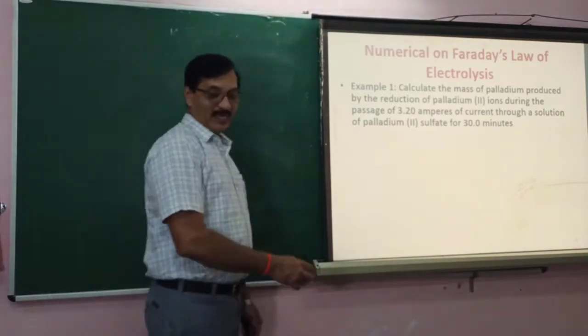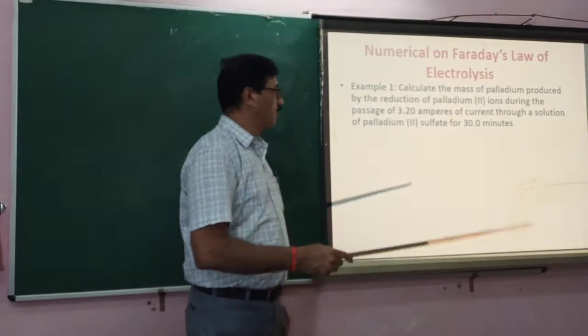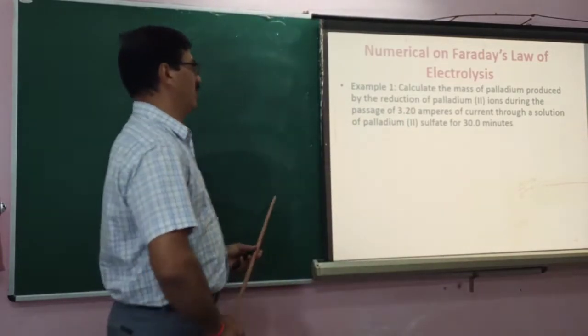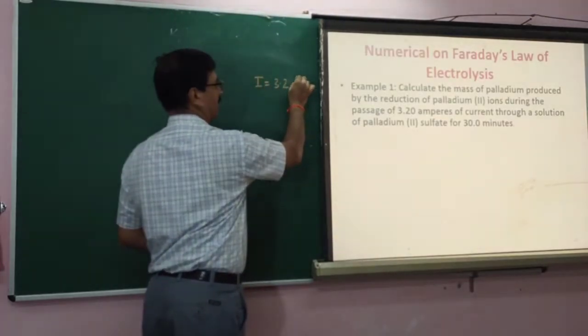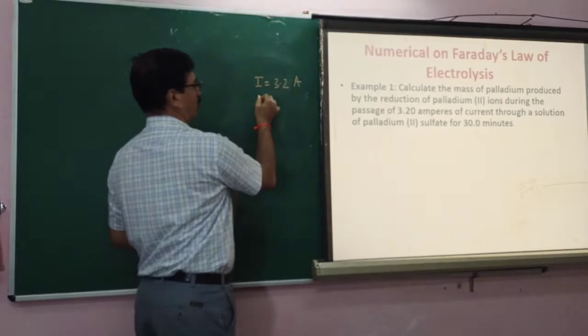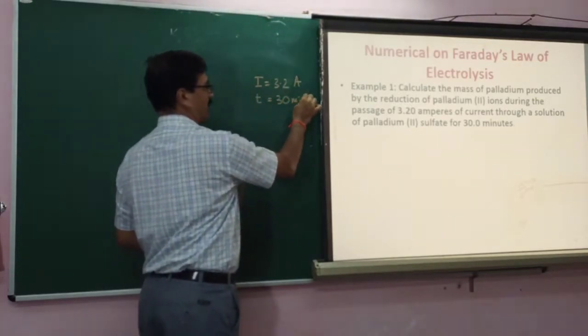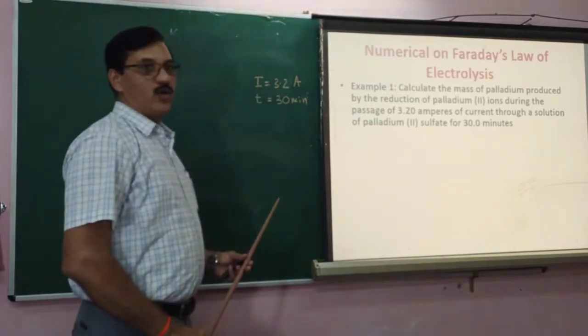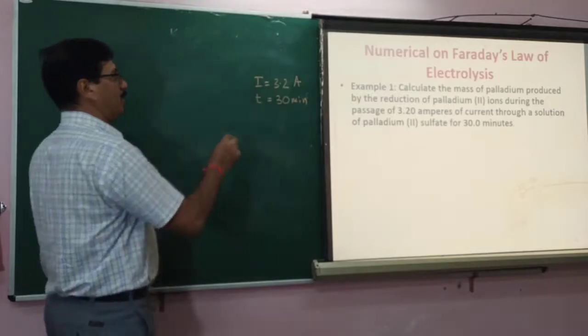So here a current of 3.2 amperes is being passed through a solution for a time of 30 minutes. It is important to mention that 30 minutes. You are asked to find out how much mass of palladium is being produced.